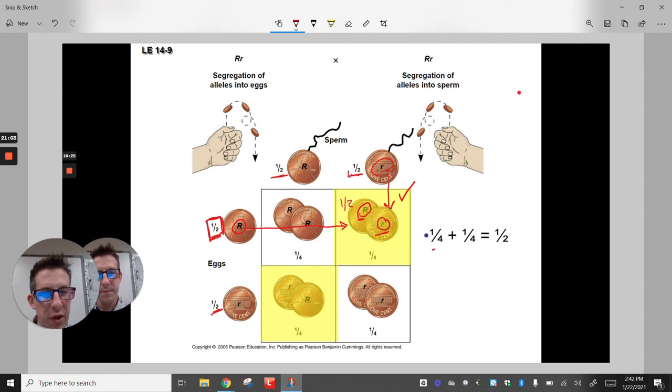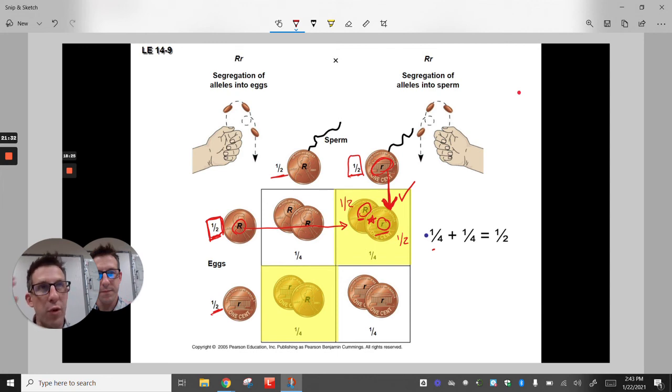And we also have a 1 in 2 chance that this event happens right here, where this little r is going to be in the baby. Okay? So there's a 1 in 2 chance of that event happening as well. So this is where we'll start to apply our rules of multiplication. We want to know the overall possibility that this baby right here that we just made is actually going to be born. Okay?